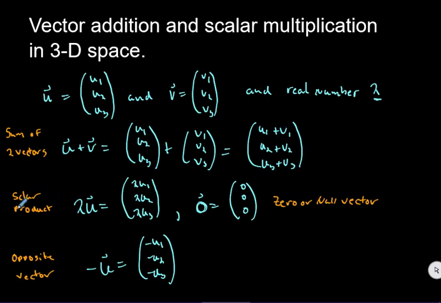And just like in 2D, in 3D you take the scalar times some vector U, and you get this. The zero vector, or null vector, has 3 components of 0, and the opposite vector, same thing happens in 3D. So all these properties come out to be the same.